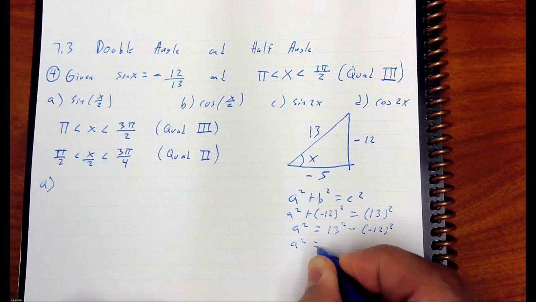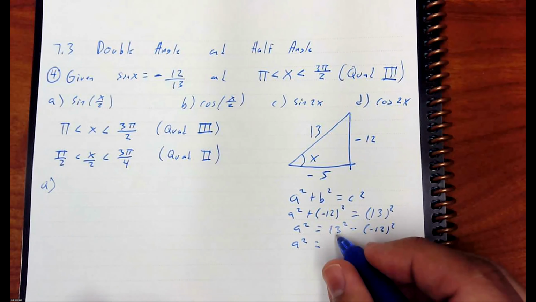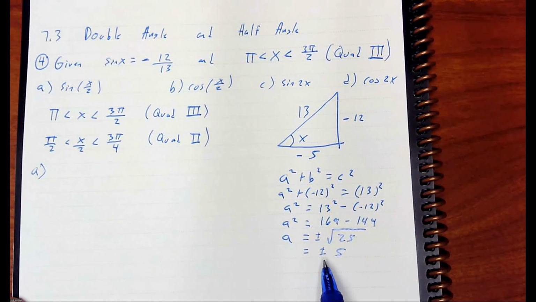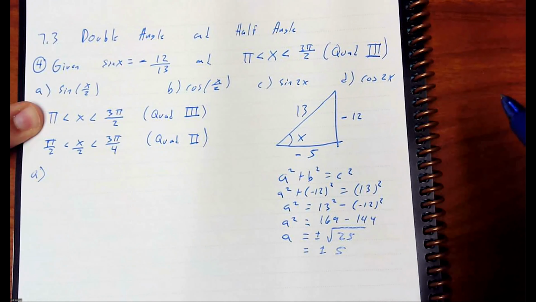So a squared will be, what is that? 169 minus 144, is that right? So square root both sides. You're going to end up here. If you didn't see it was a special triangle, you would have to solve for it, and you would end up with plus or minus. You need to choose minus because of quadrant 3. Okay. Is that clear?